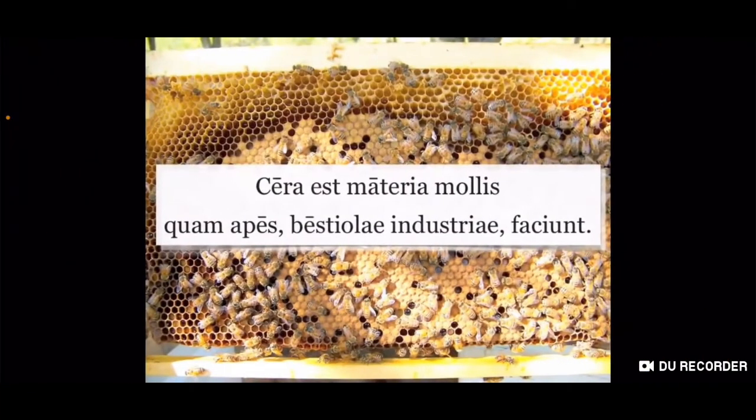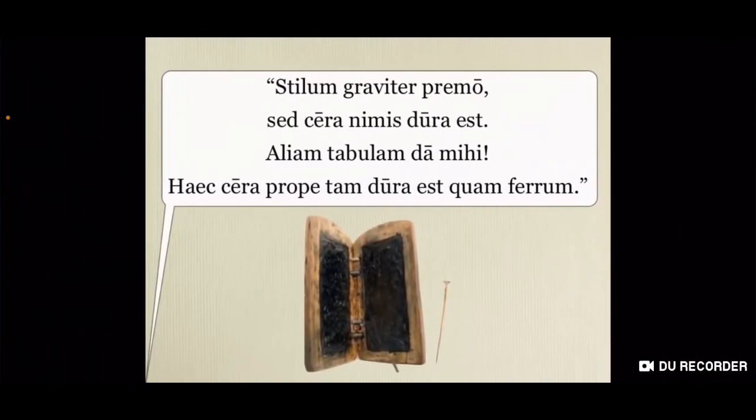Cera est materia mollis, quam apes bestiolae industriae faciunt. Wax is a soft material which bees, industrious or hard-working little beasts, make. Stilum graviter premo sed cera nimis dura est.